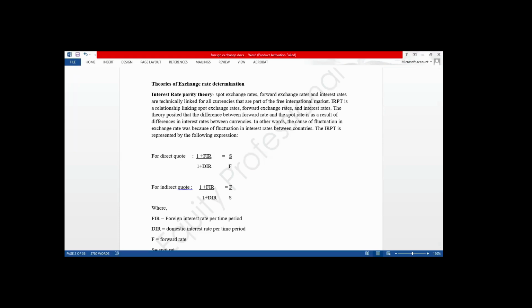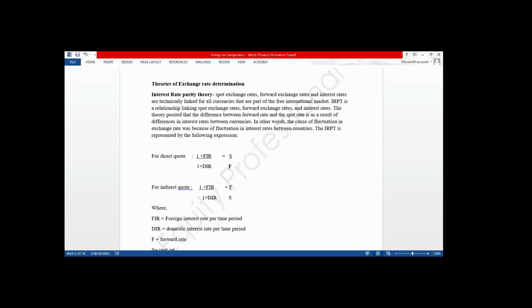The first equation, if you are given direct quotes in the question, where the exchange rate is quoted directly. The second equation will be used if you are given indirect quotation, where FIR is the foreign interest rate per time period.